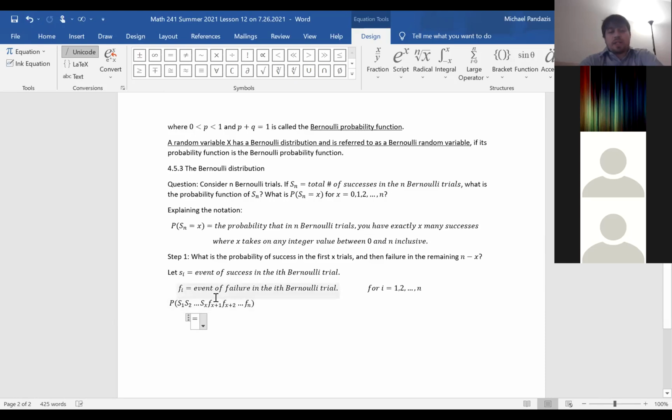Okay, but these are all independent events, right? Whether you succeed or fail in one Bernoulli trial has no effect on whether you succeed or fail in another. And so they're independent.